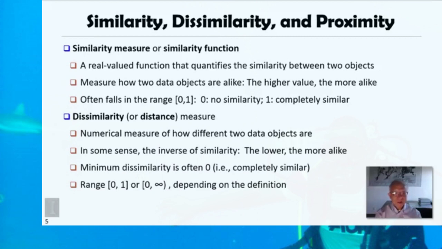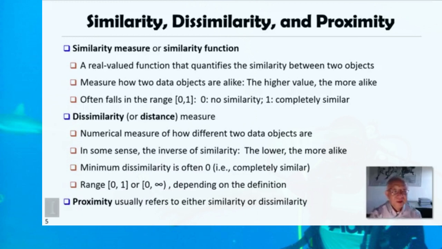The minimum dissimilarity is 0, meaning they are completely similar or identical. The value range could be either 0 to 1 or 0 to infinity based on the definition. Another term is proximity, which usually refers to either similarity or dissimilarity.